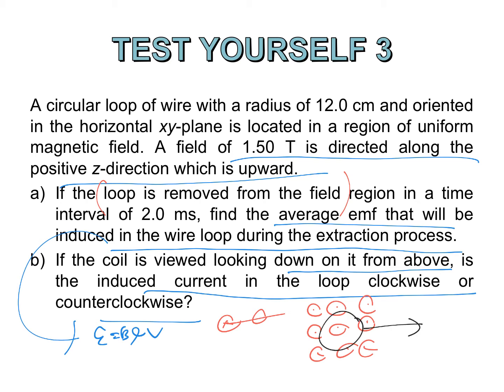When it's removed, it means that the magnetic flux is decreasing. So when you use the right-hand thumb rule, for decreasing flux, the induced current is going to be in the same direction. So the answer is what? Counterclockwise. Okay, got it? Okay, next.